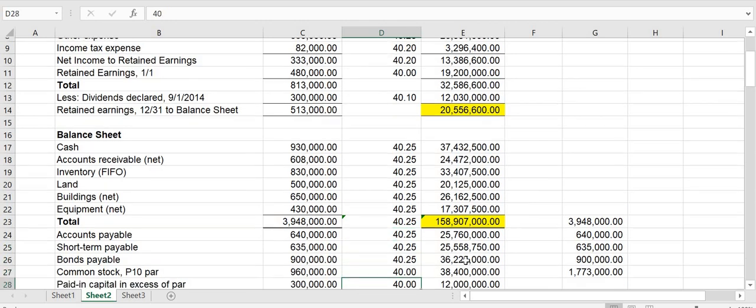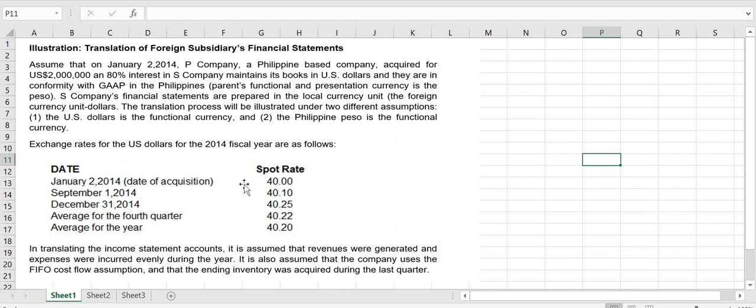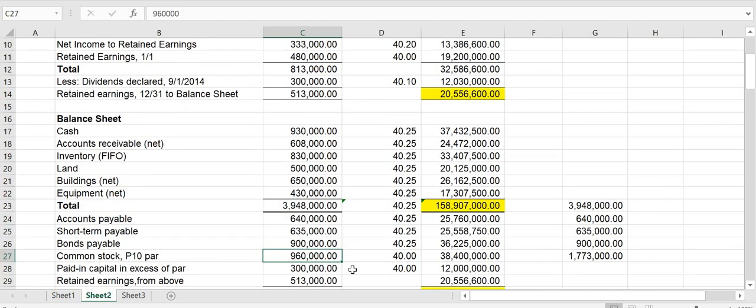So yan siya. Then again, our common stock and paid in capital in excess of par shall be translated at the date of acquisition. So in this case, the date of acquisition is actually on January 2, 2014. So the exchange rate then is actually 40. So even if the shares were actually issued before the date of acquisition, yung exchange rate na gamitin natin is actually yung exchange rate at the date of acquisition.